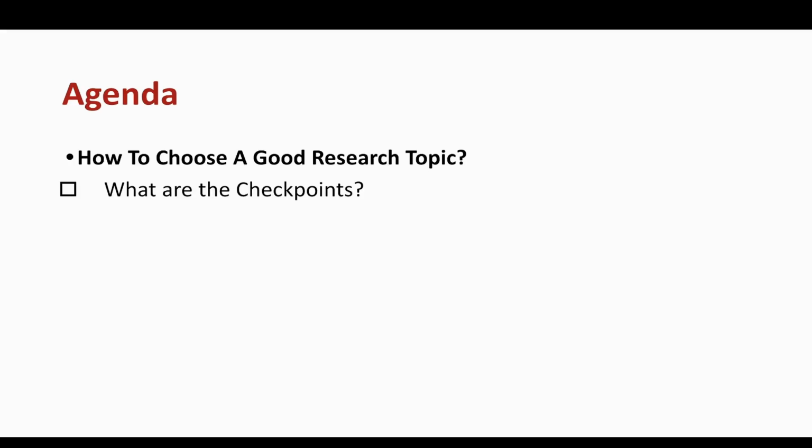We are first going to discuss what the checkpoints are, what the major things are which we have to check before we start. And then we are going to discuss what we should do as a researcher, what things can assist us in actually shortlisting a good research topic for ourselves.